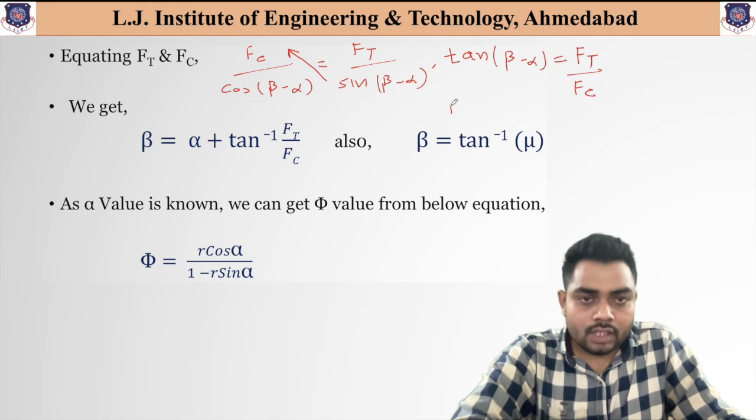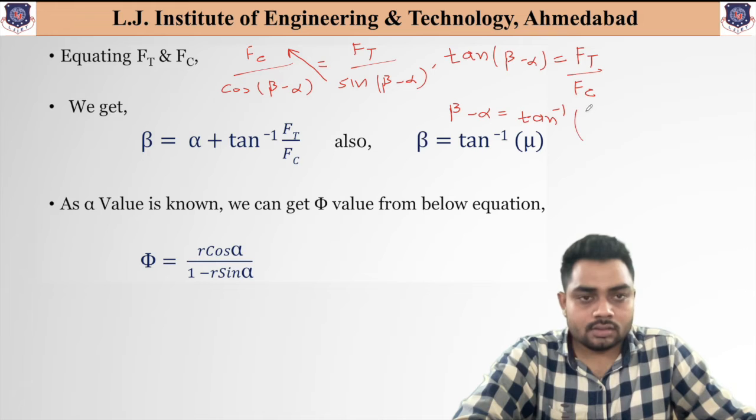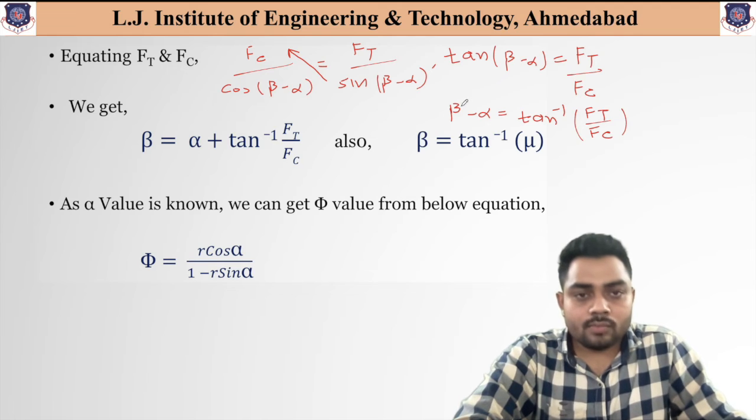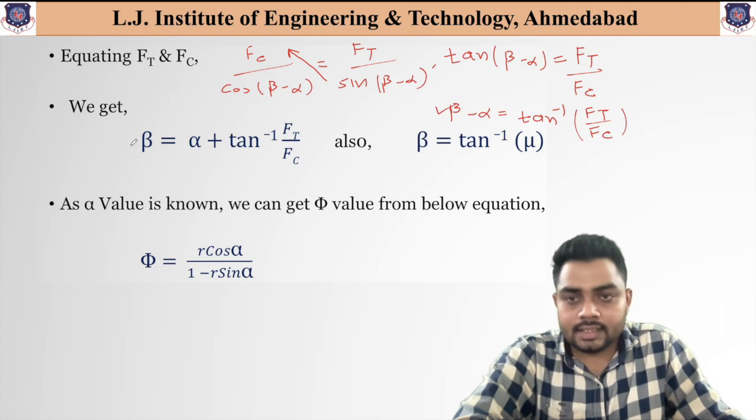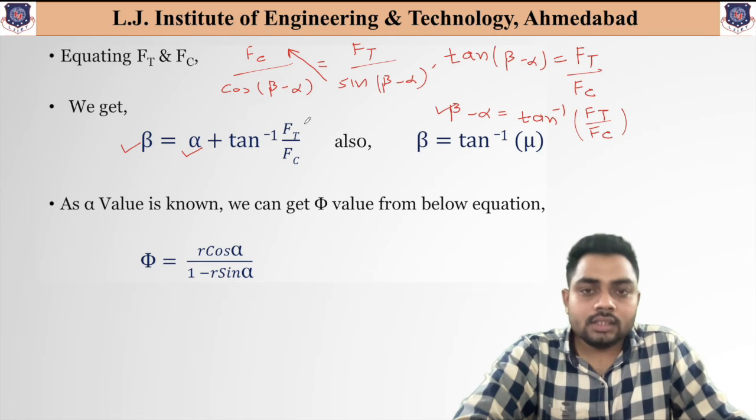And now if we use tan inverse, what will we get? Beta minus alpha equals tan inverse of Ft divided by Fc. And from this equation we will get the relation for friction angle, back rake angle, thrust force and the cutting force.